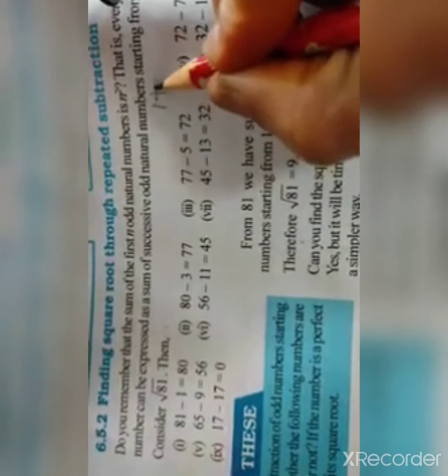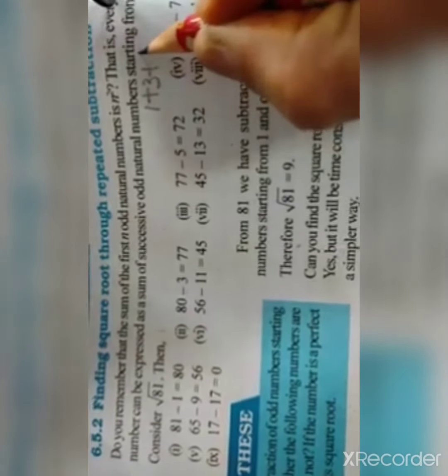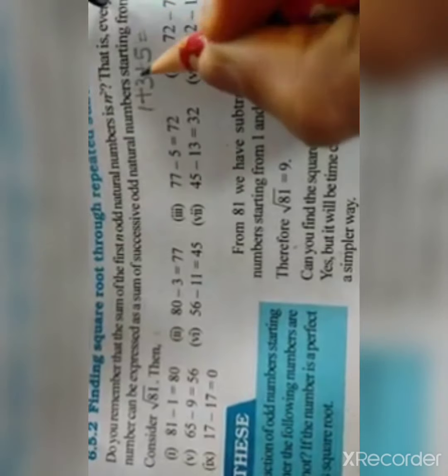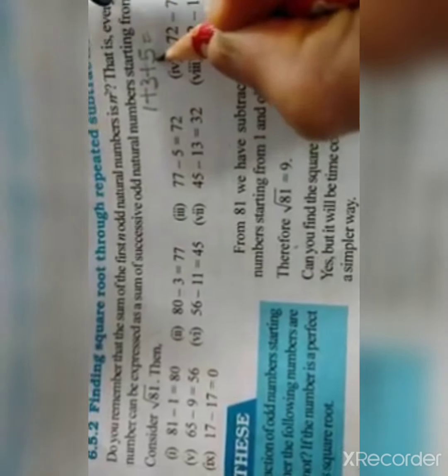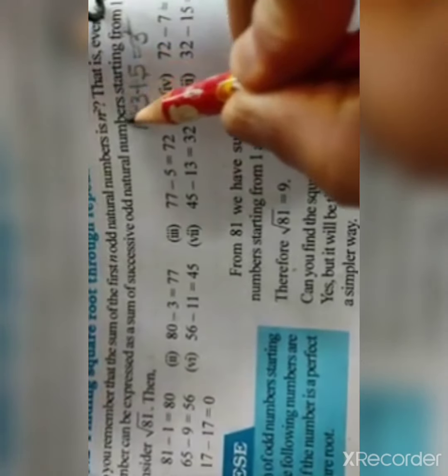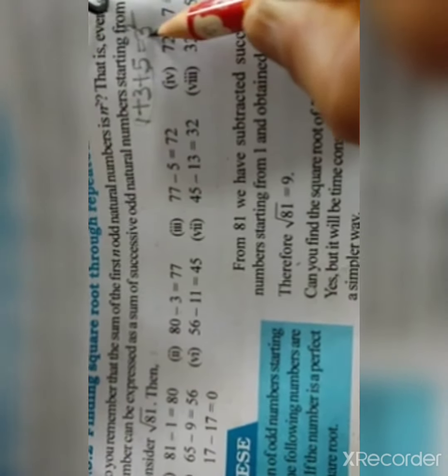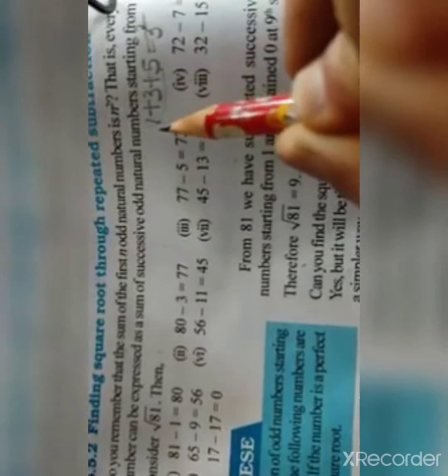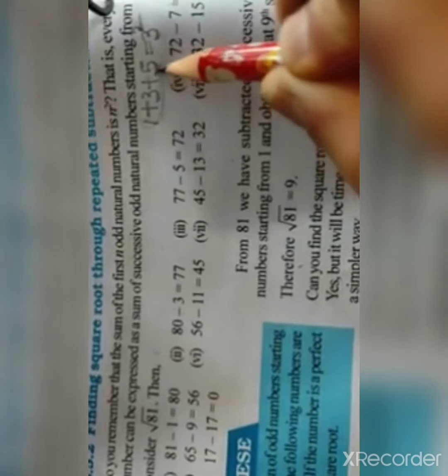N odd numbers, I am writing here, you can see. Suppose that I am writing 1 plus 3 plus 5. How many terms are there? 1, 2, 3. So it will be square of 3, because the sum of n odd natural numbers is equal to n square. So the sum of n terms is equal to n square.